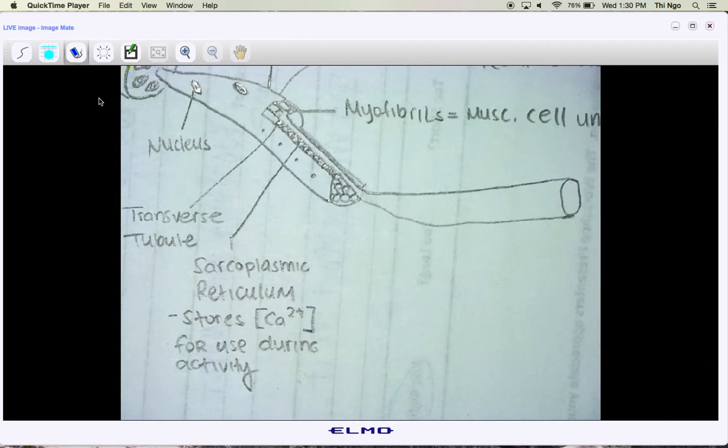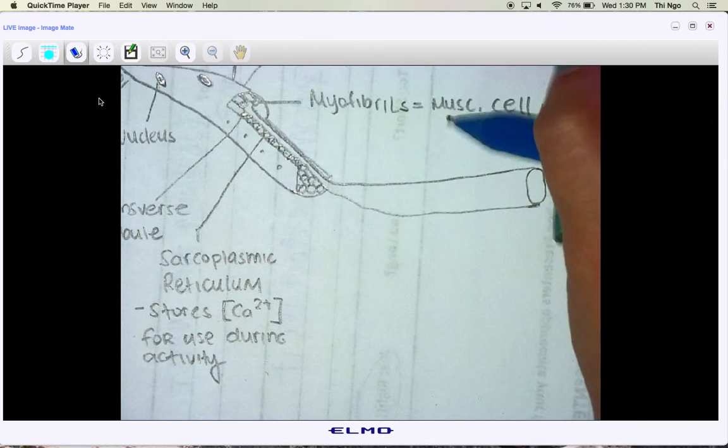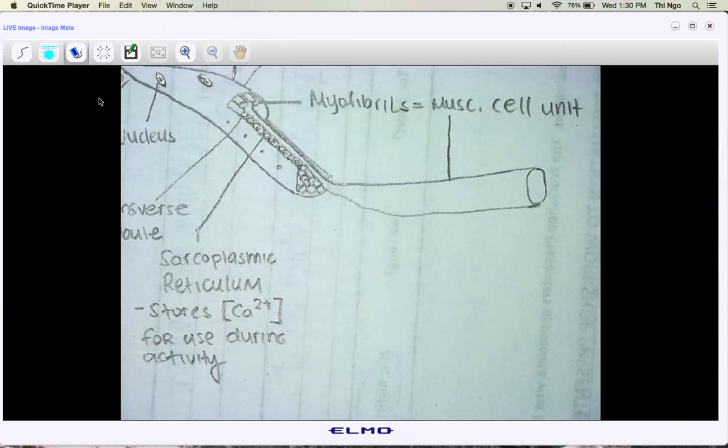So this is a myofibril, so I'm going to draw a little label down from up here. Myofibril. A myofibril is actually made up of two proteins, actin and myosin.